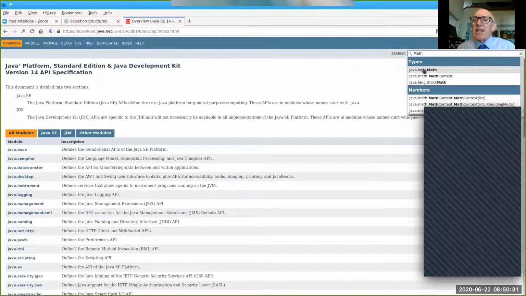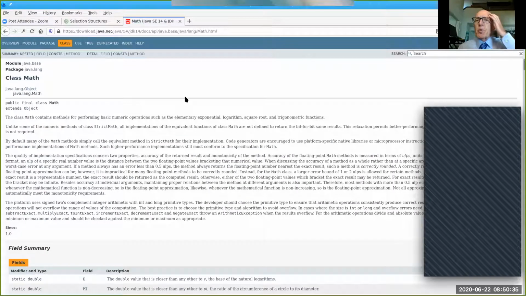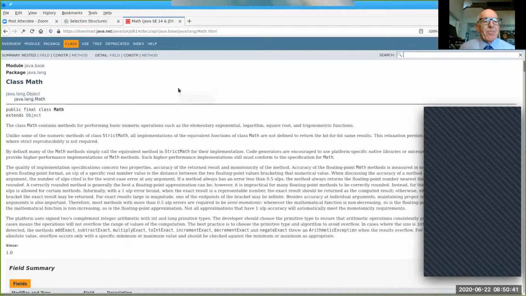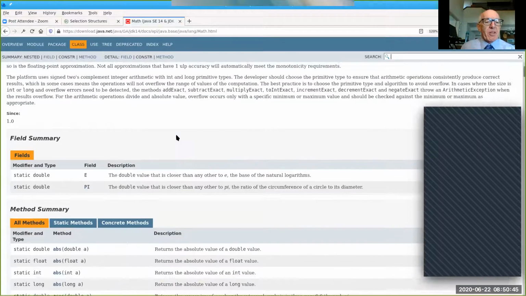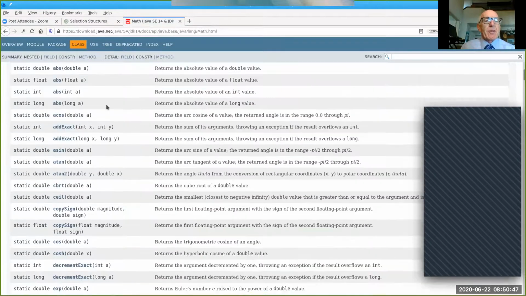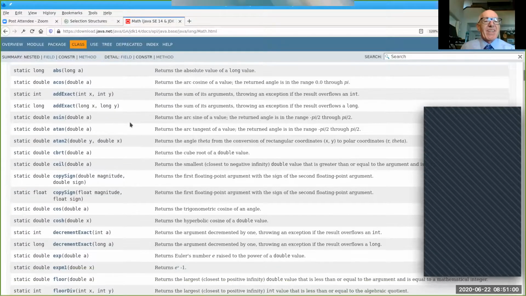And there's java.lang.Math. I may have shown you the API before, but it doesn't hurt to do it again. It tells you what all the possible operations are. So here's absolute value, which can take a double or a float or an int or a long. Arc cosine. And some of these you're probably not going to need, but they're all there.